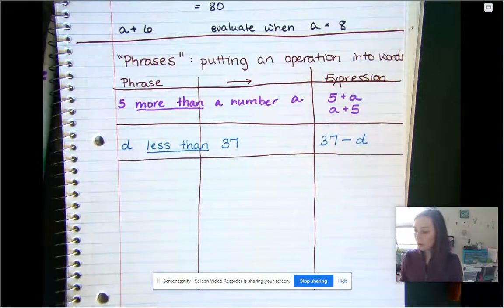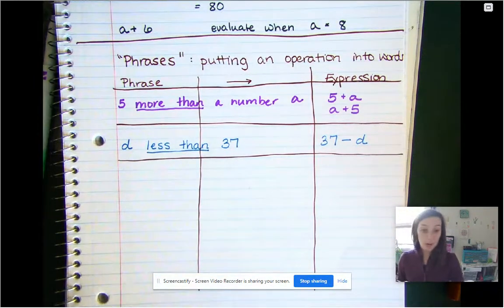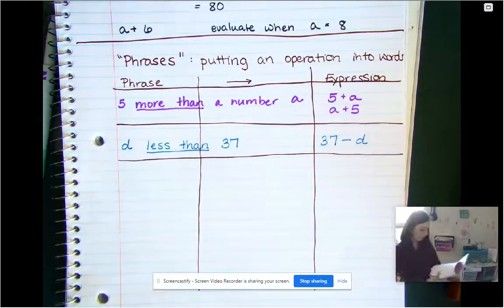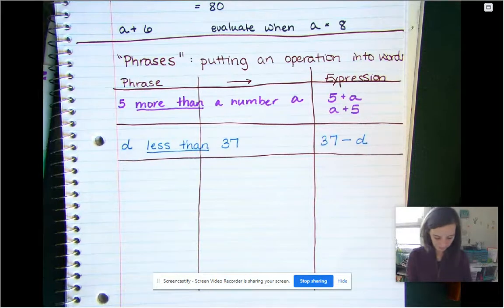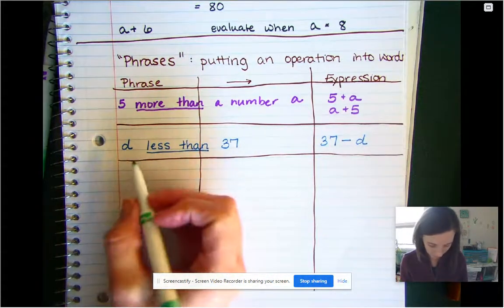Let me do one more, and you are going to write what you think it is. Sorry, I'm choosing my color and I'm taking too long. It's either going to be addition or subtraction. So you have to piece that together. Ooh, this will be good.